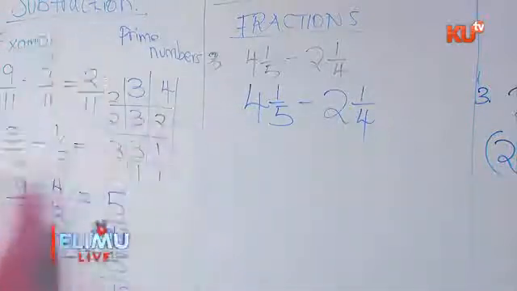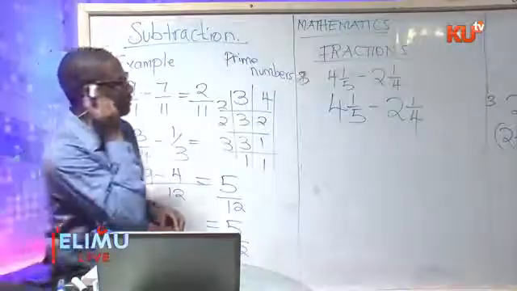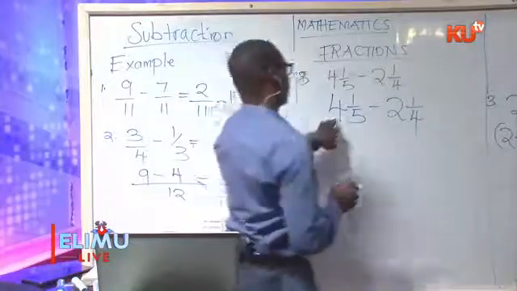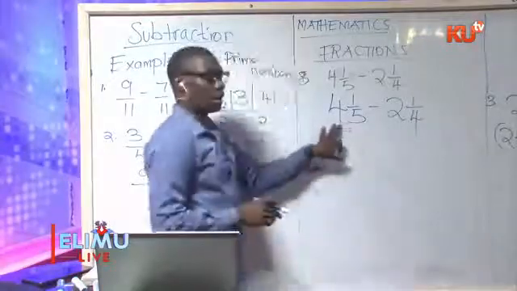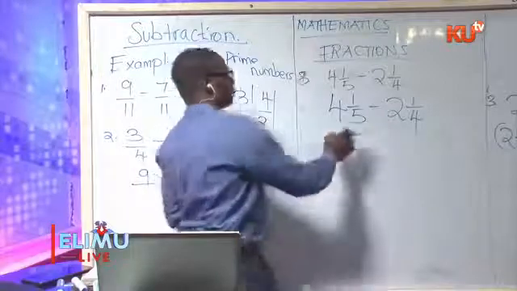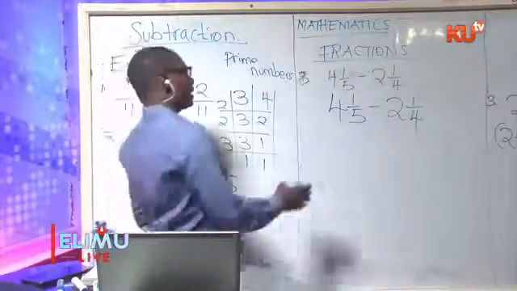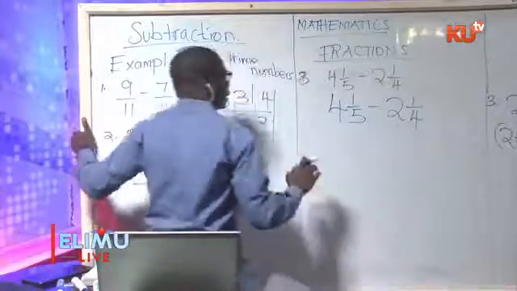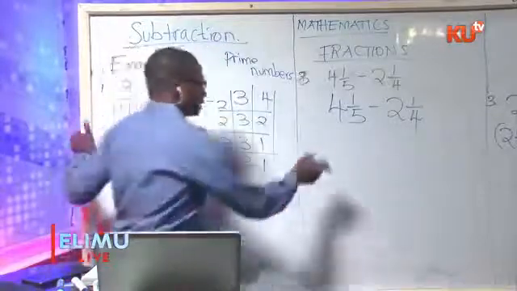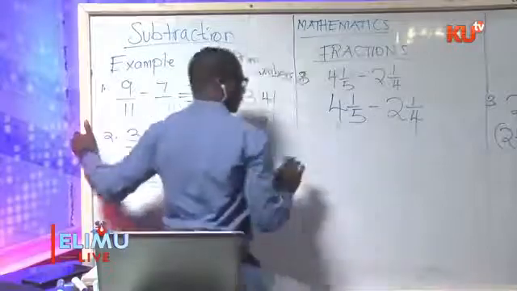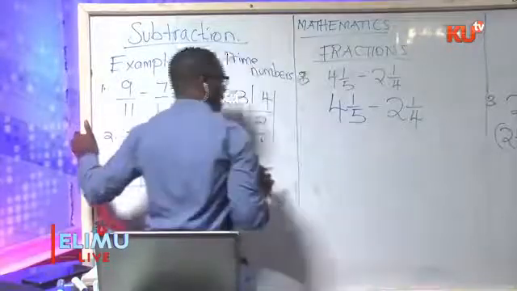Now, when we were adding mixed fractions, we took the whole numbers and added separately, and took fractions and added separately. But when we come to subtraction, we are not going to subtract the whole numbers separately and the fractions separately.